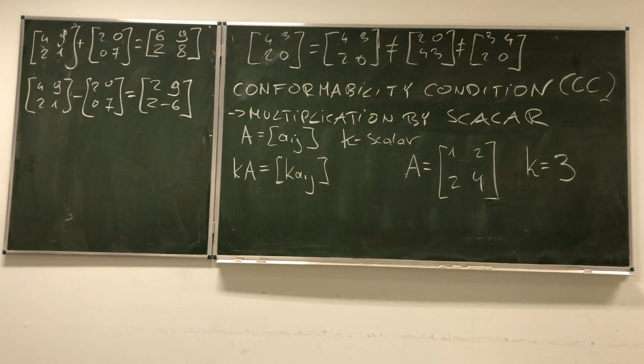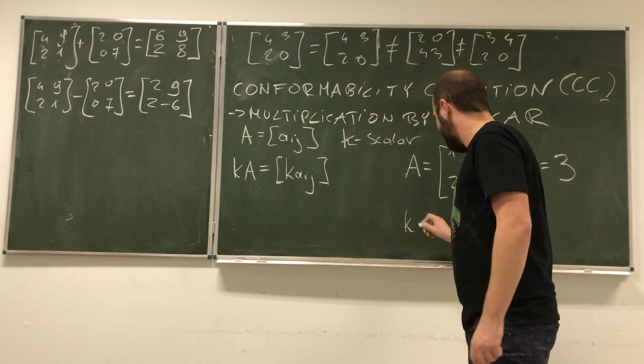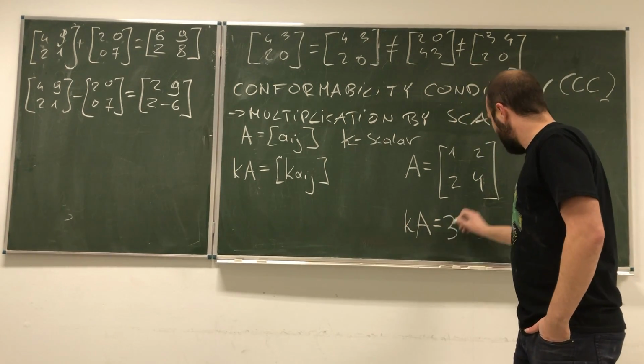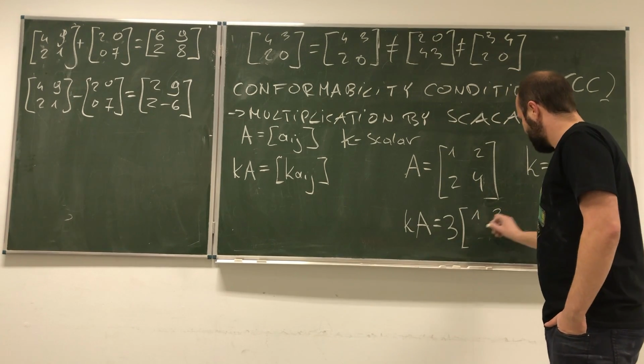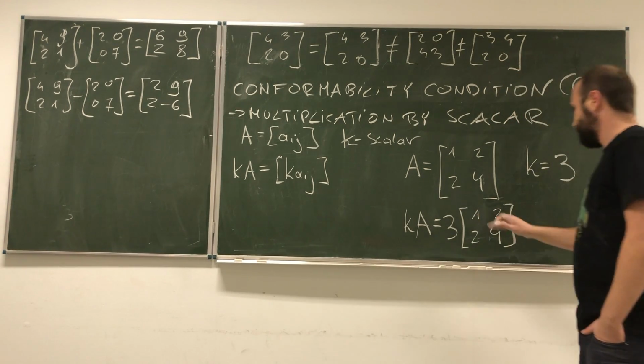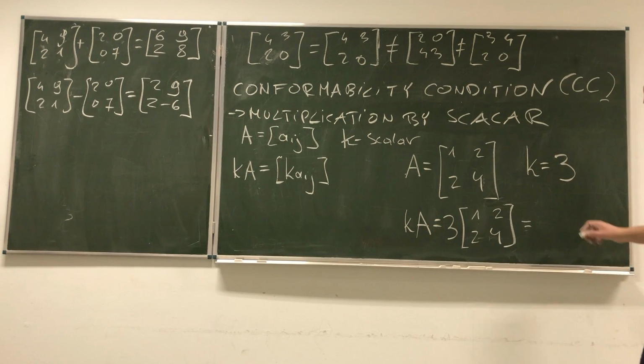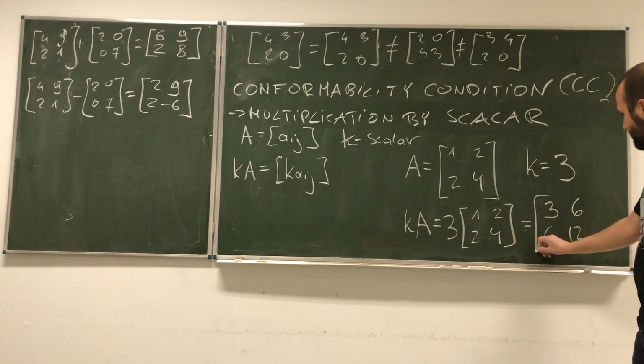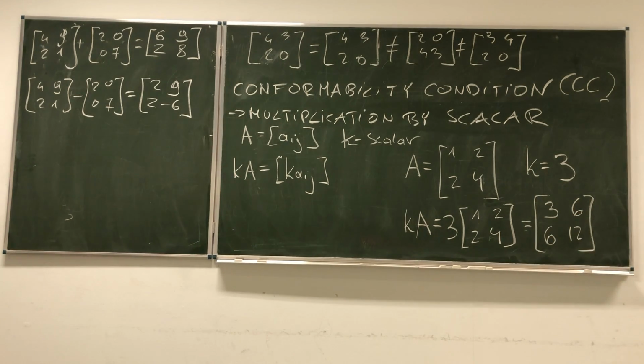So if I want to obtain kA, all I need to do is to multiply each element inside this matrix by 3. So what I am getting now is 3, 6, 6, and 12. Look what happened. Each element inside of this matrix is 3 times bigger.